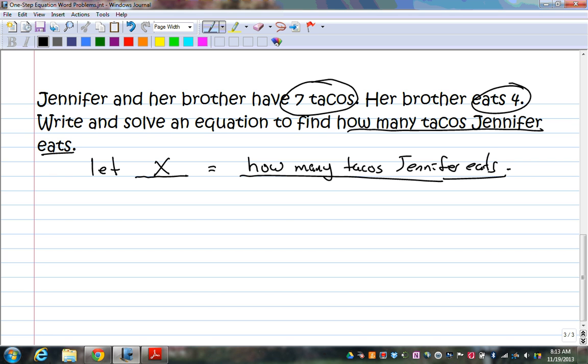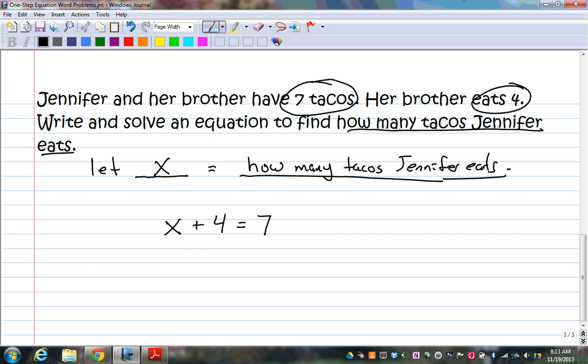So, when you were doing this, you would say x, the number of tacos that Jennifer eats, plus the tacos that her brother ate would be equal to the total amount of tacos that they had. So x plus 4 equals 7.